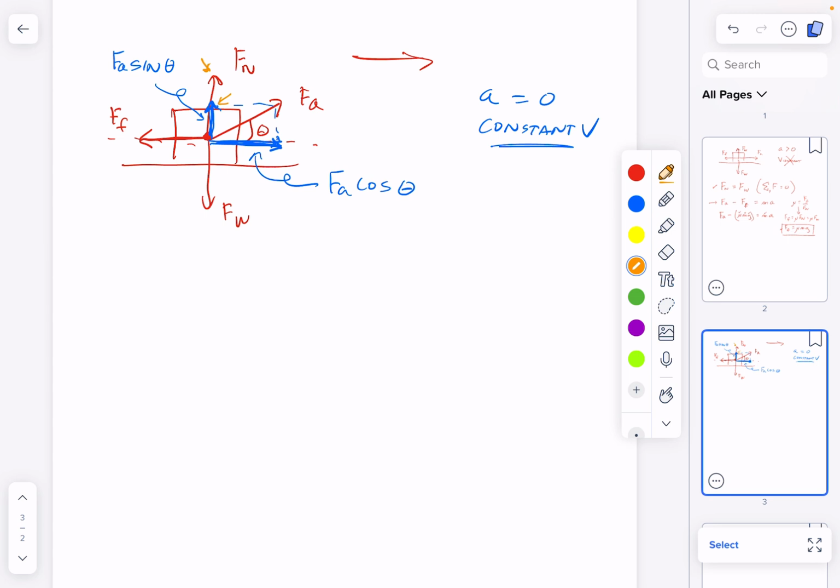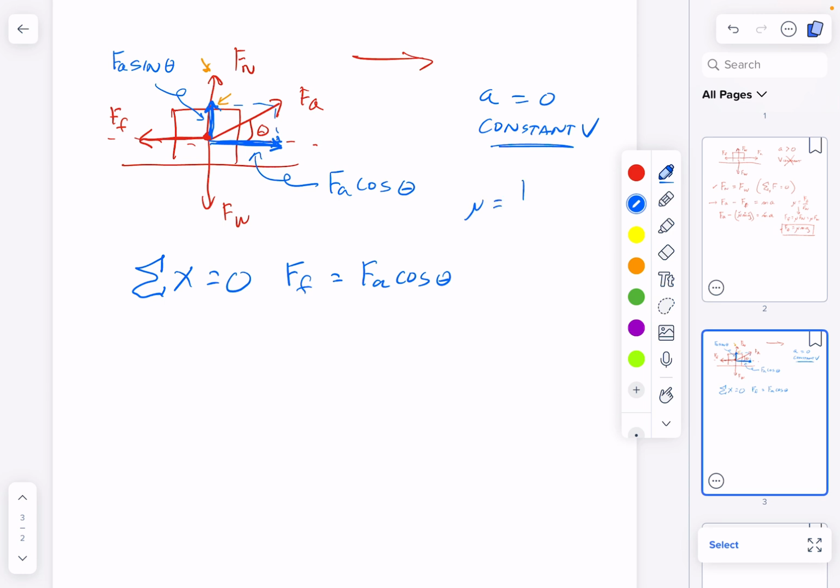So now, when I do my summation of my forces, the summation of my forces in the x direction must equal 0 if there's no acceleration, which basically means that my force of friction must equal my Fa cosine theta, which is the only other force acting in the x direction. Also keep in mind something that will be helpful, like we've done several times already.